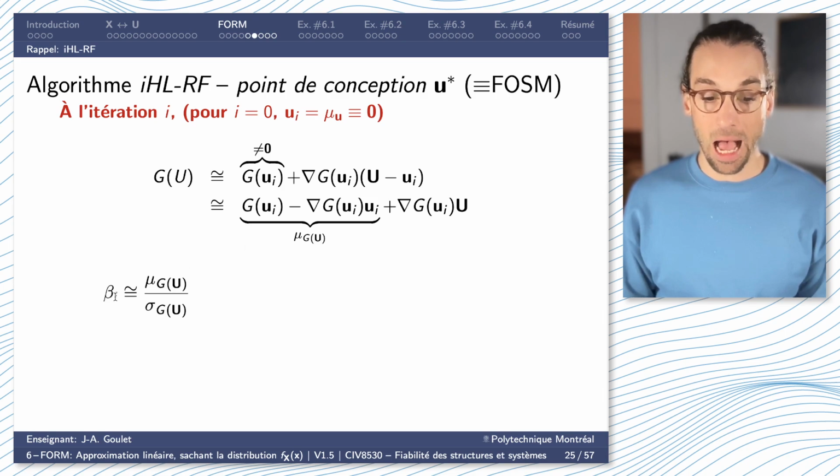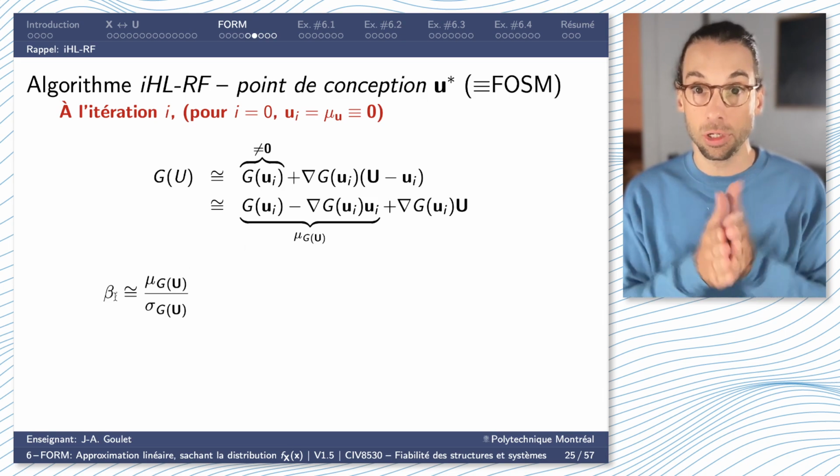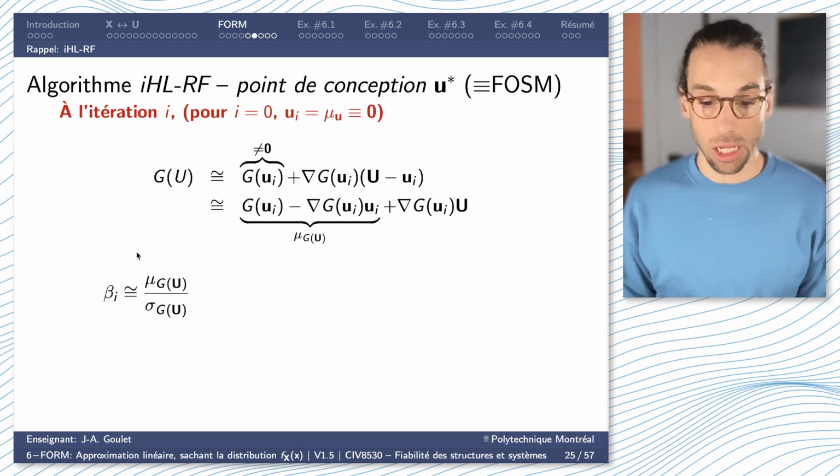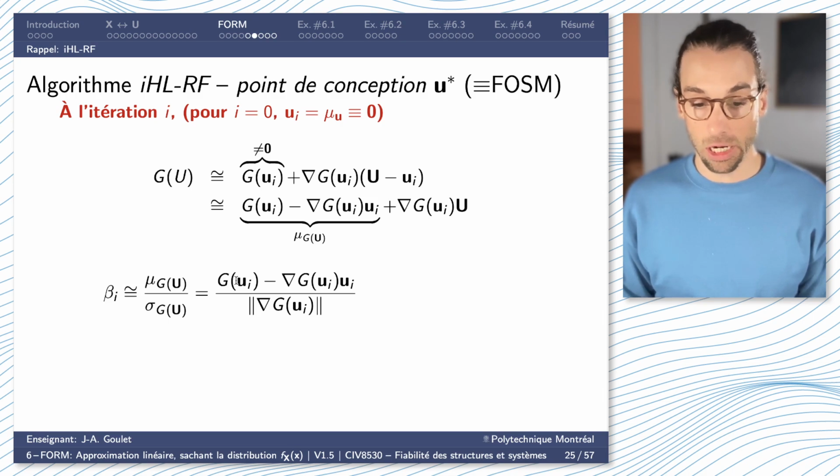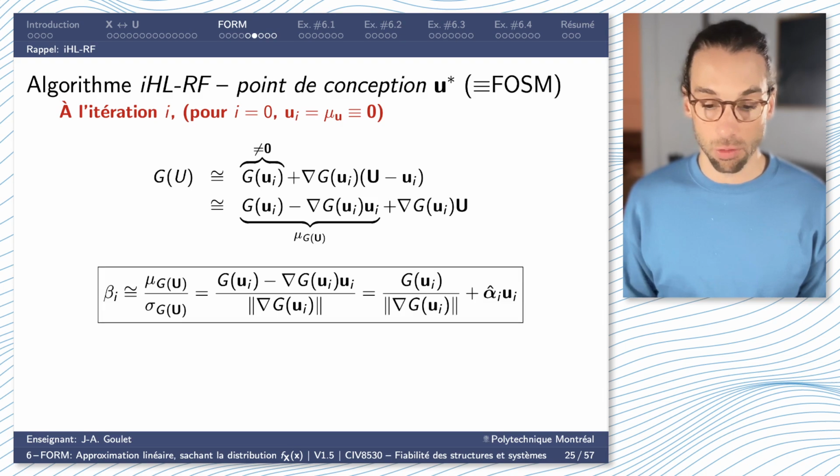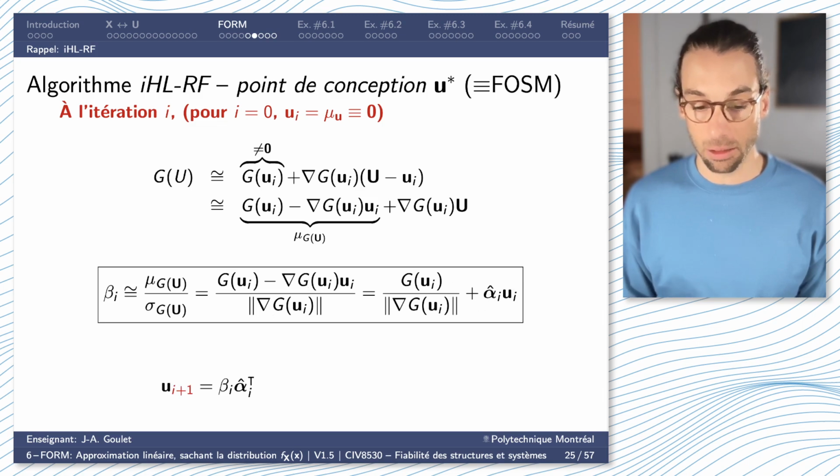So my beta_i at the current linearization point, which is the origin, is the mean term divided by the standard deviation. So we're going to have this term here, which is the mean, divided by the norm of the gradient. If I regroup the terms, the negative gradient divided by its norm is going to be that alpha vector.